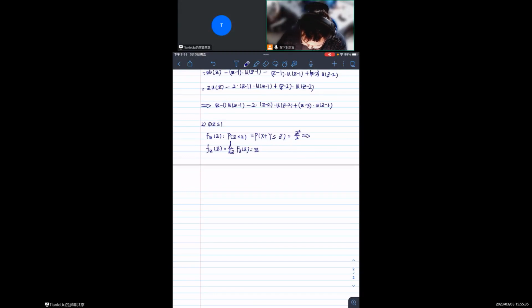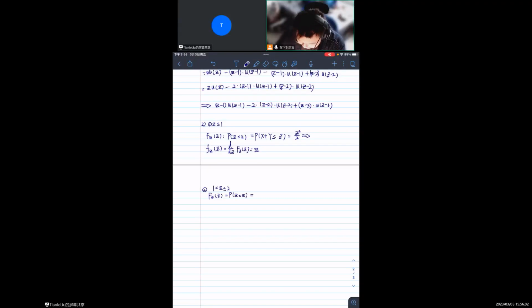In the second part, some part of the triangle is over the square, but some part of the triangle is inside the square. So z is larger than 1 but less than or equal to 2. We have the Fz, the probability of Z being less than or equal to z.